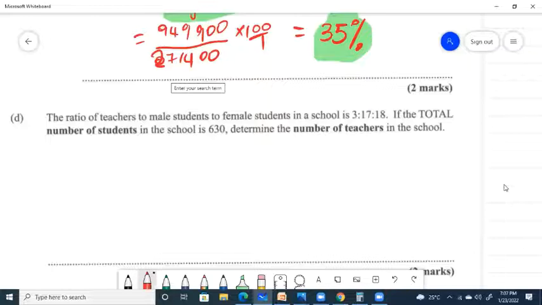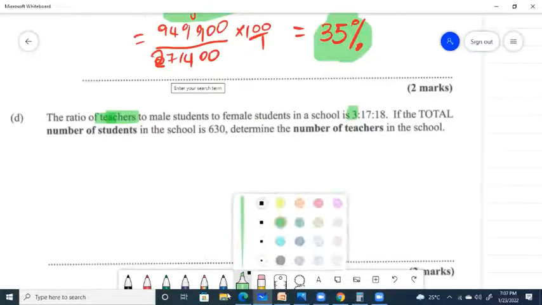This is very important. All right, so I'm going to use the highlighter. Teachers came first, hold on. I'm going to show you the teachers. Here are the teachers, and this is for teachers.